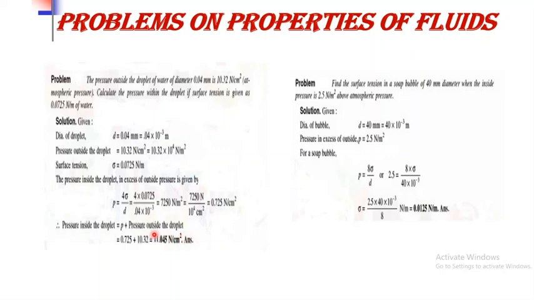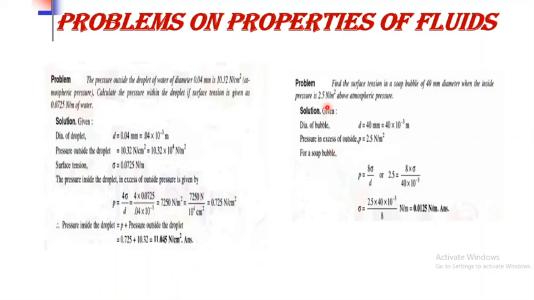By adding 0.725 plus 10.32, we get the water pressure inside the droplet as 11.045 Newton per centimeter square, and this is our answer.